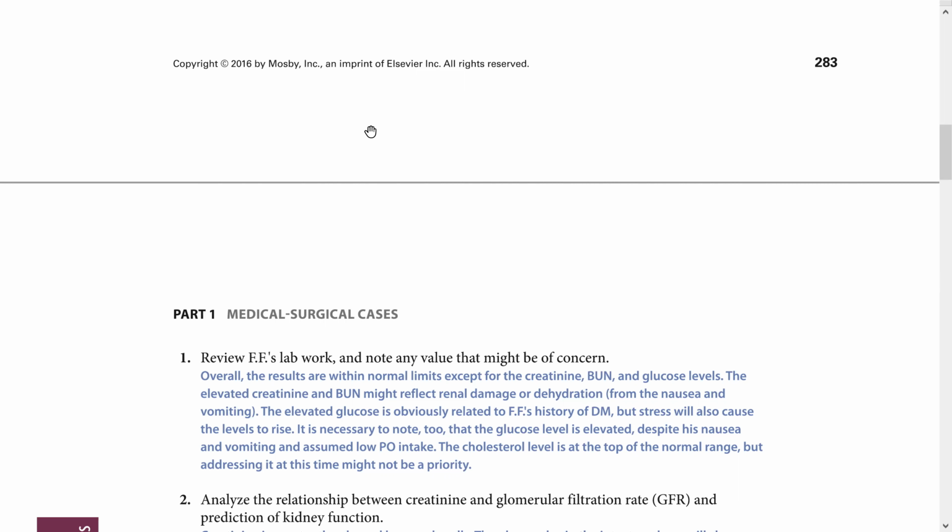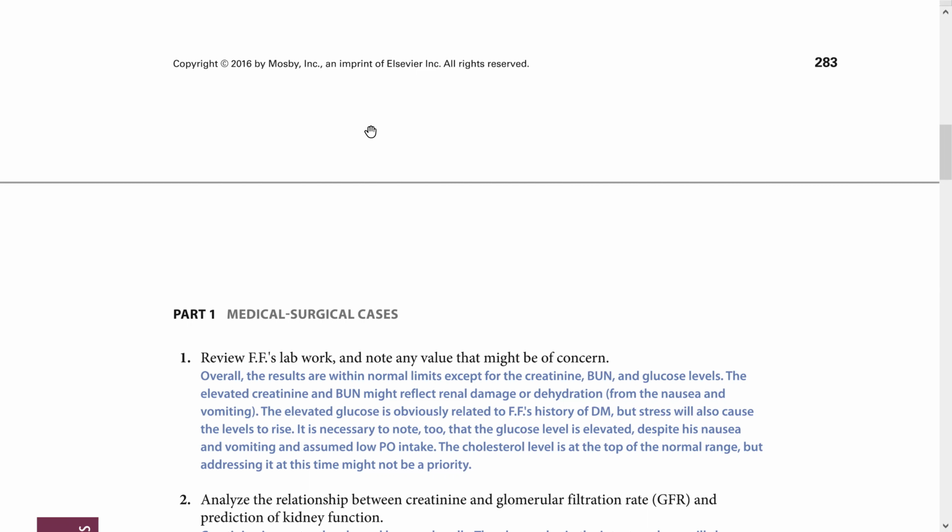So what is the GFR telling us? Nobody on the GFR? If the kidneys are doing their job.